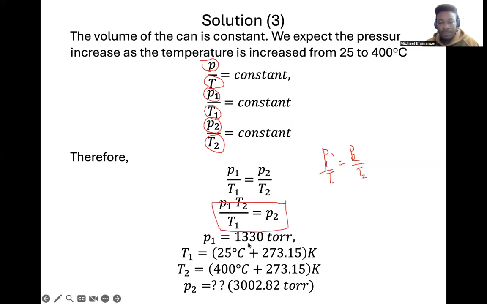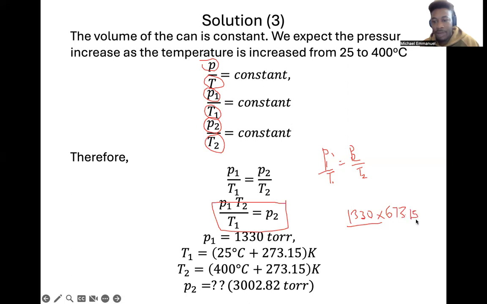Now, if we substitute the values, P1 is 1330, multiplied by T2, which is 400 degrees Celsius plus 273.15 Kelvin. This will be 673.15.